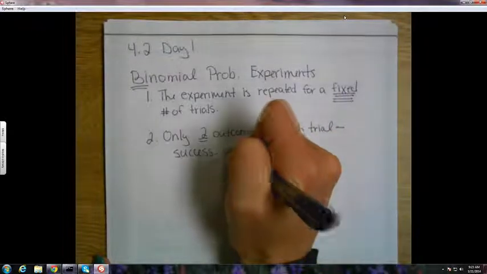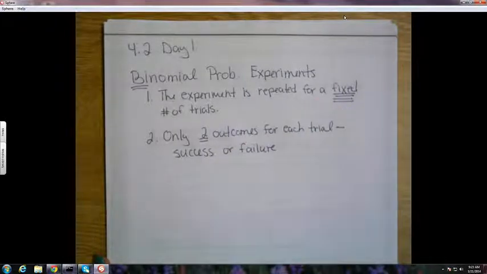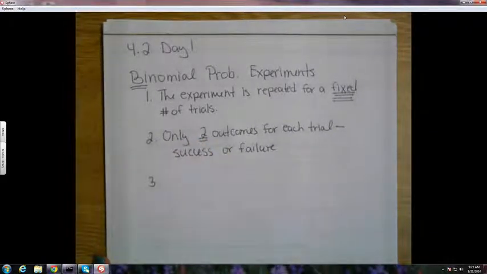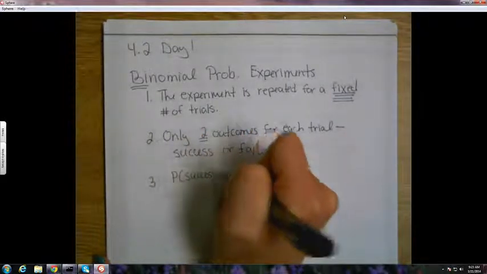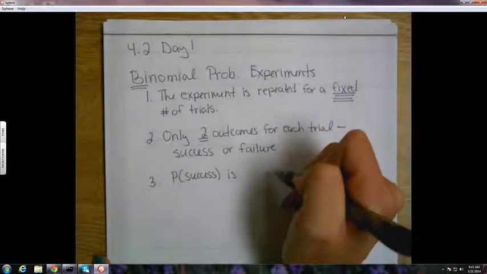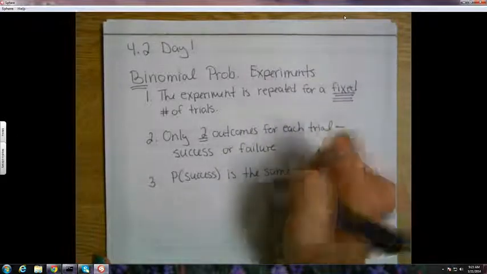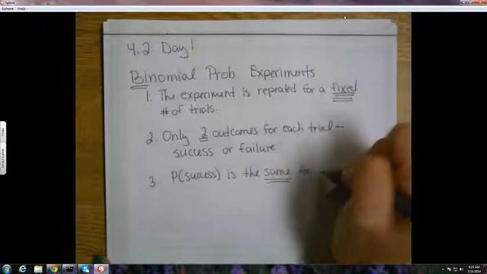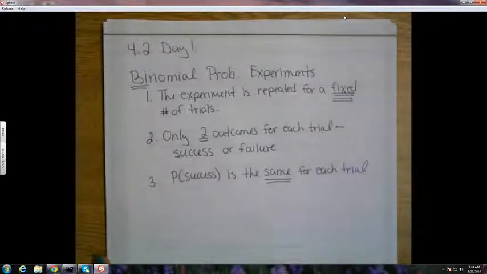You either succeed or you fail. And the probability of a success is the same for each trial. Okay, if those three things are met, you've got a binomial experiment sitting in front of you.